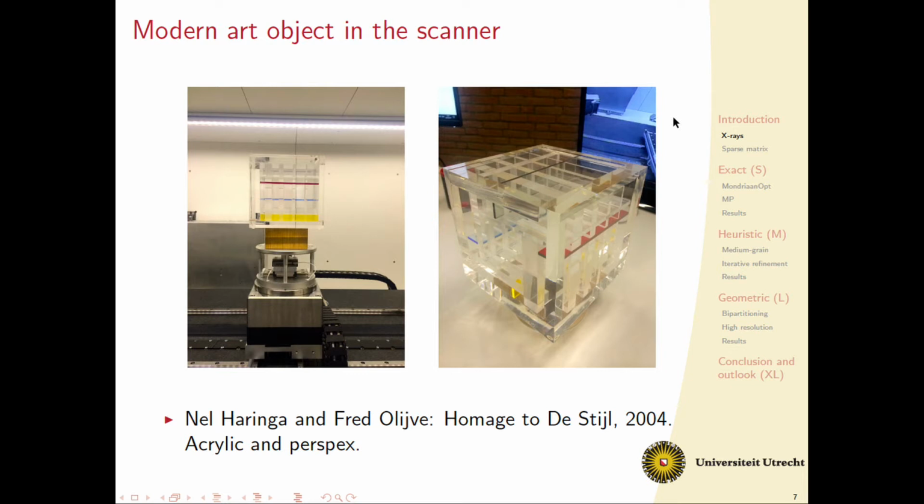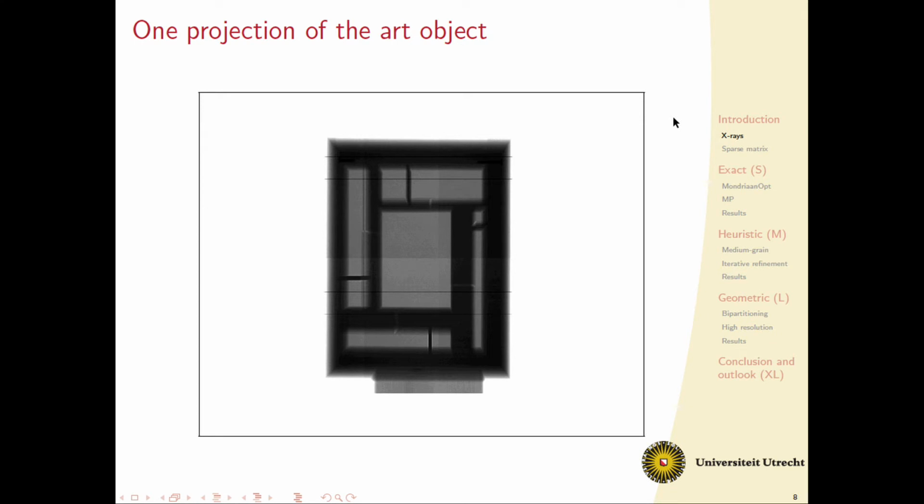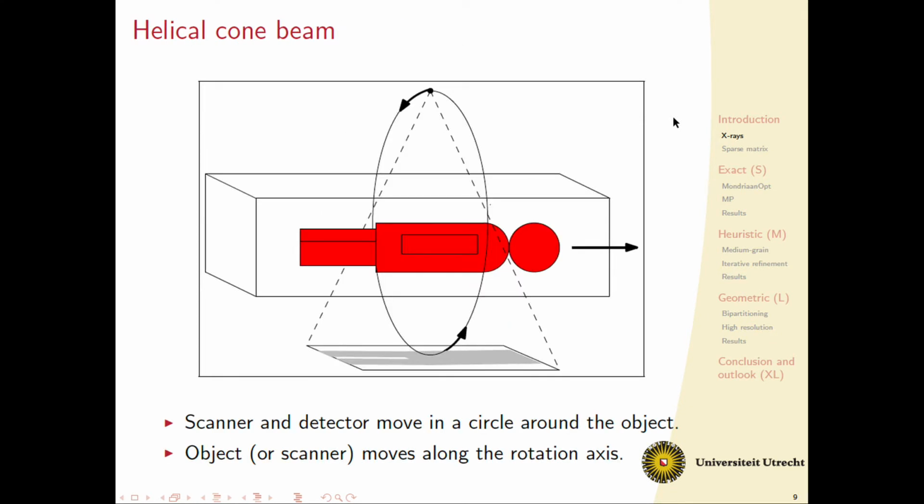Usually, you use CT scanners to see things that are not transparent, for example, like the human body. And so this is 15 by 15 centimeters, and so we tried that. We put it in the scanner, and this is one projection of the art object.